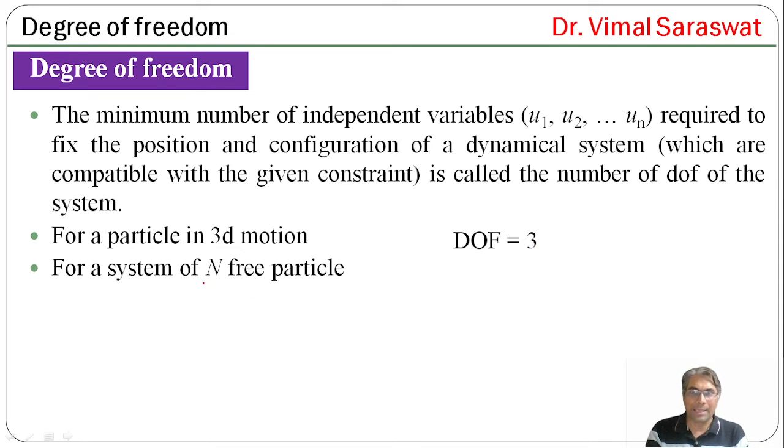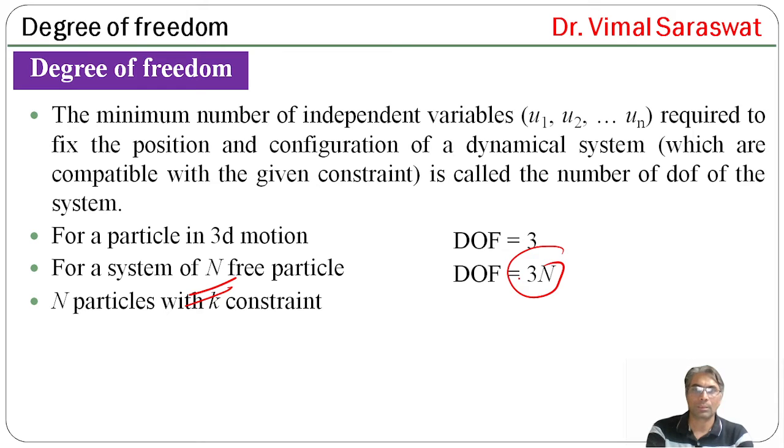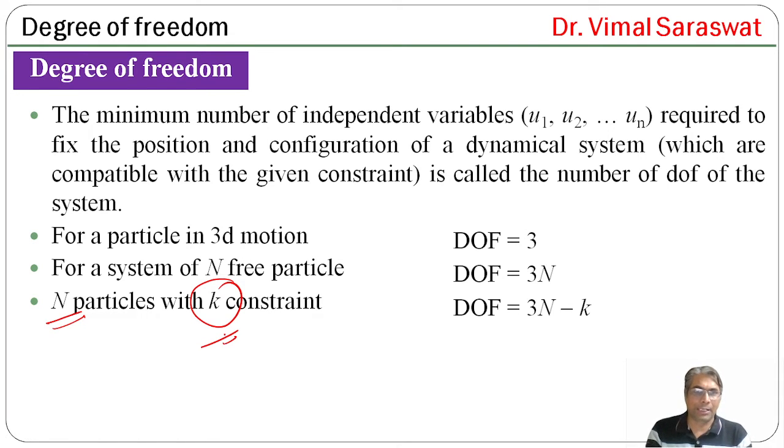For a system of n free particles, the degree of freedom is 3n, and if there are n particles with k constraints, then the degree of freedom will be 3n minus k. Here k is the number of constraints and n is the number of particles.